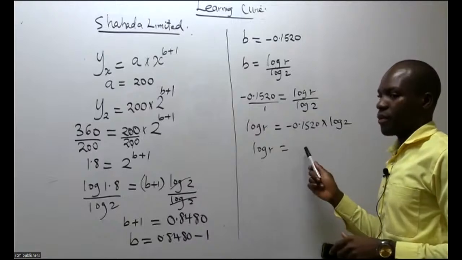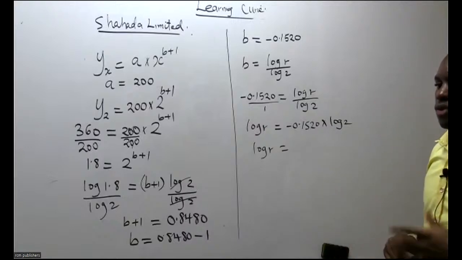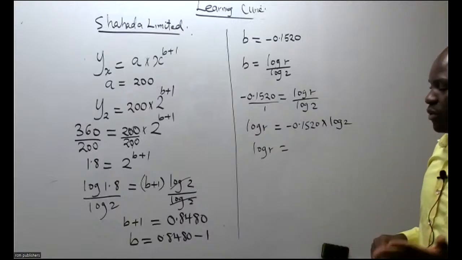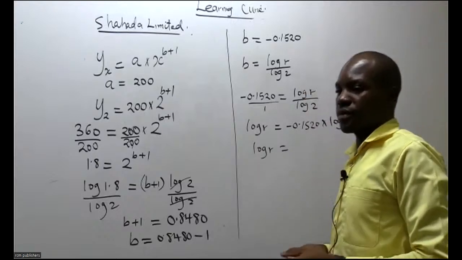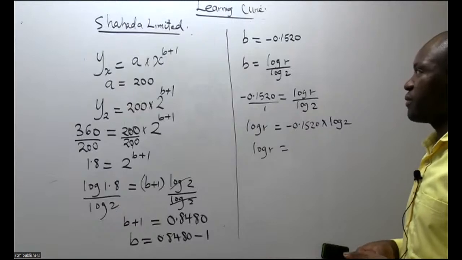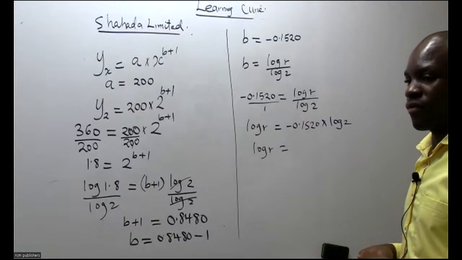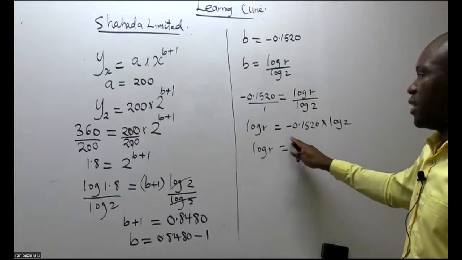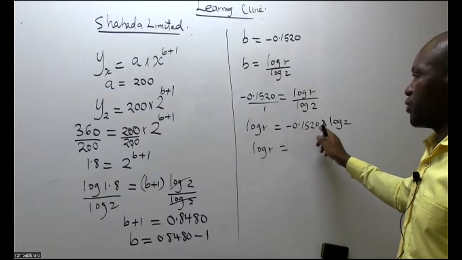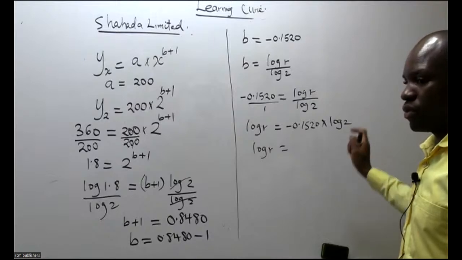What will you have here? Four decimal places will be okay. Just go to your calculator. Negative 0.1520 times log 2.